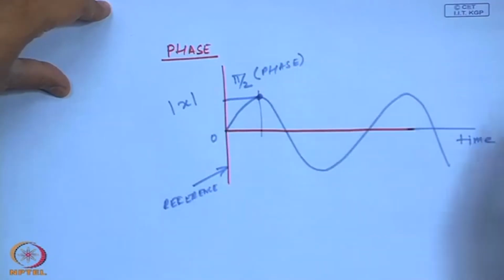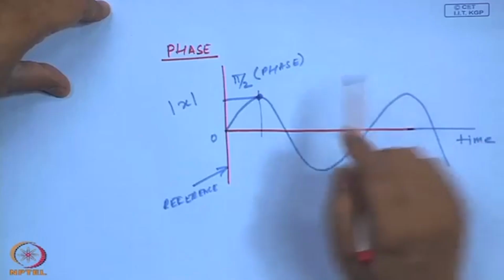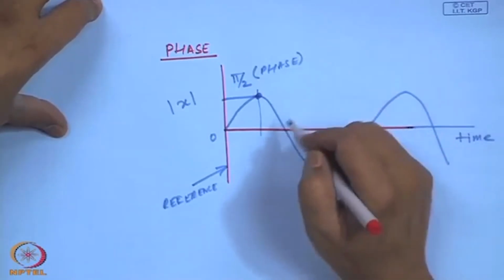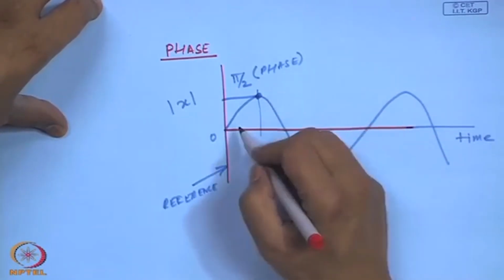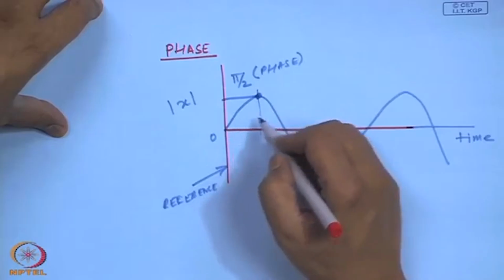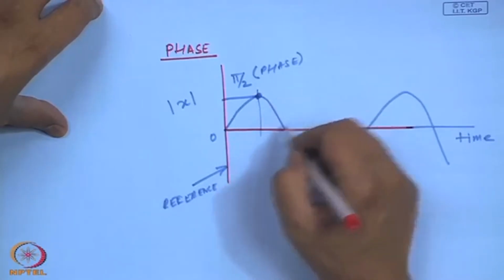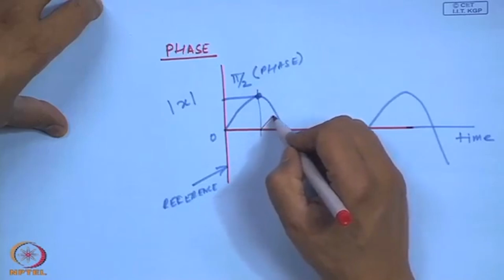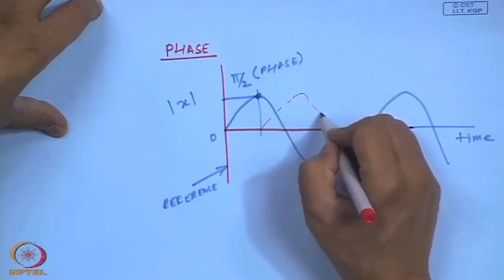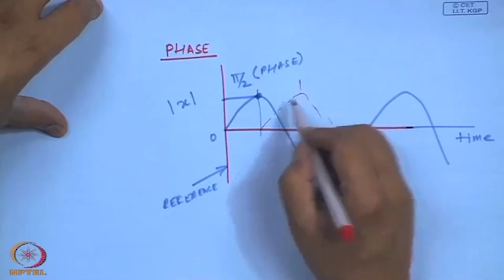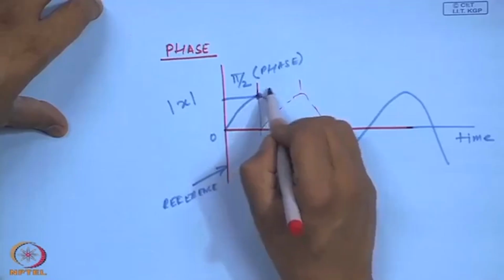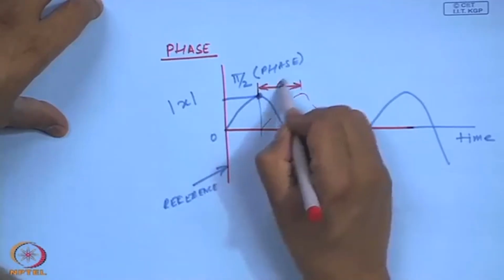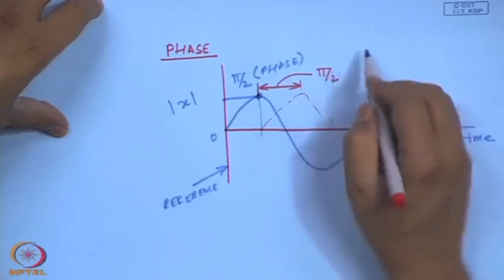Now, question is, if I have many signals, say another signal, there is also of course a phase difference between them. Maybe there is a phase difference between the blue signal and this one, and this is the phase difference.